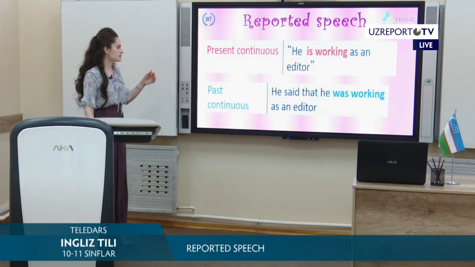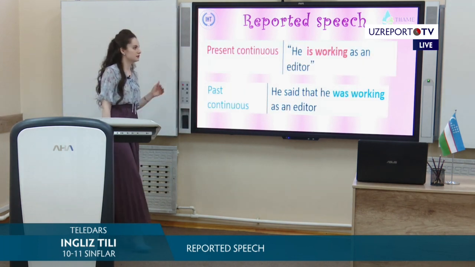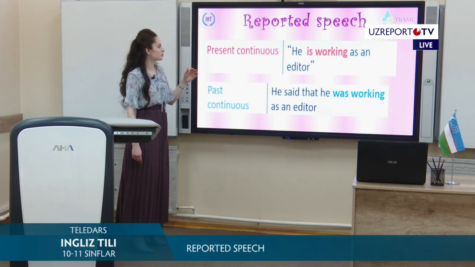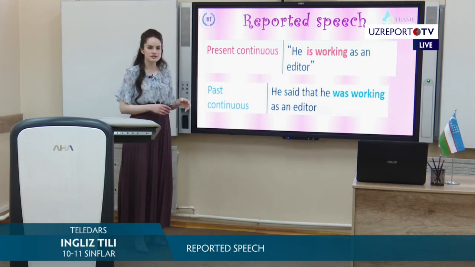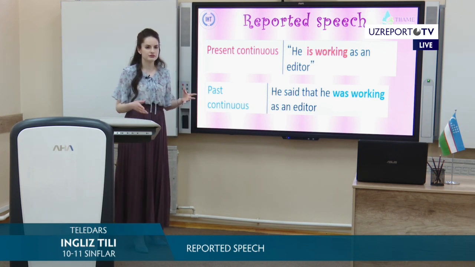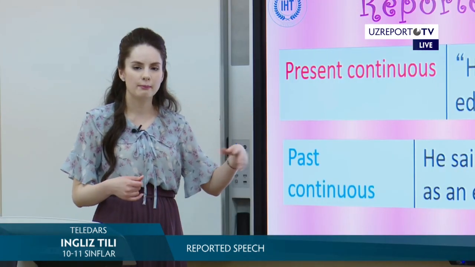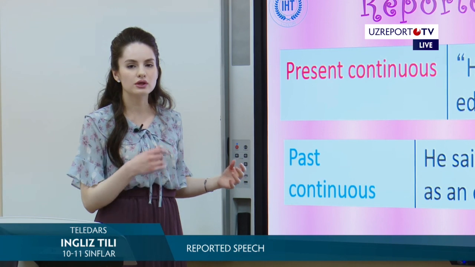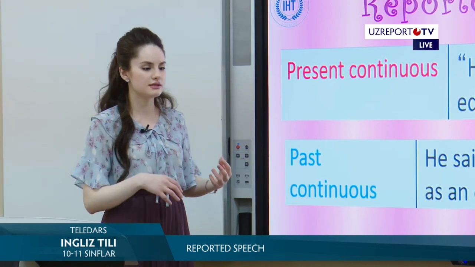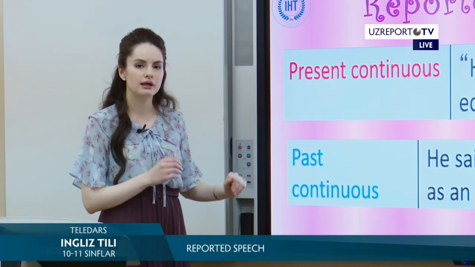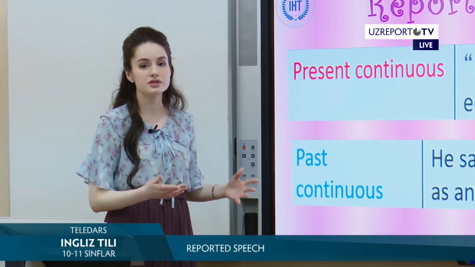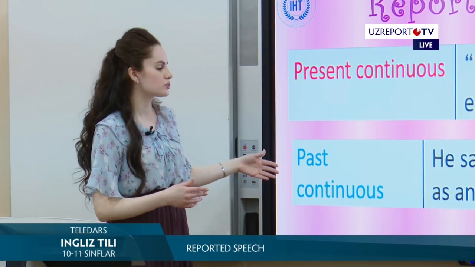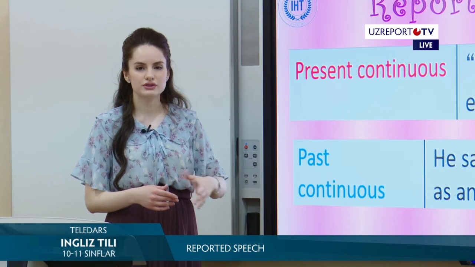The next one is about present continuous. If we have present continuous, it means something is prolonged for some period of time, but that moment has already passed. That's why we talk about the past. We cannot say that something is still prolonged, is still continuing. It's impossible. Maybe you will retell this sentence after a month.